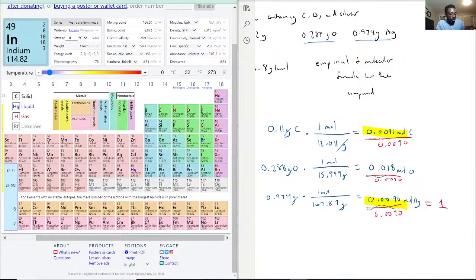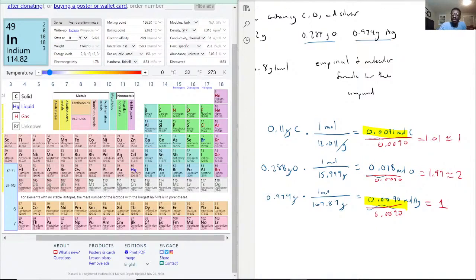For oxygen, 0.018 divided by that is 1.99, and you round it to 2, because you want the ratios to get your empirical formula. And for silver, divided by itself, it's 1.01, which you round to 1.